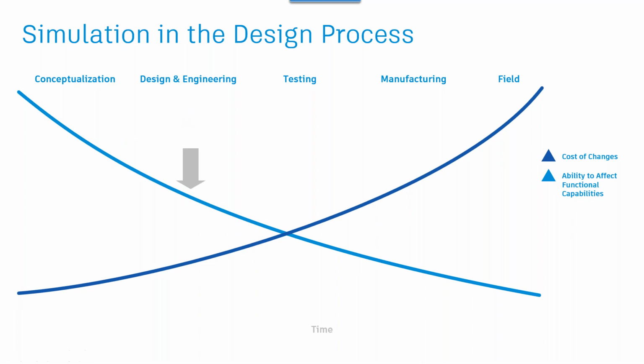Particularly when you're in the design and engineering phase, that's when you have your part design. You can understand the nature and the behavior of the part by subjecting it to different loads and different boundary conditions, as I mentioned earlier, and understand how the part would behave. And the simulation products will give you a good understanding of the part behavior through a virtual simulation process rather than going through physical prototypes.